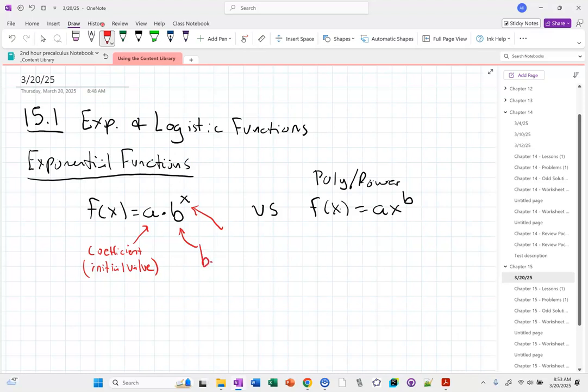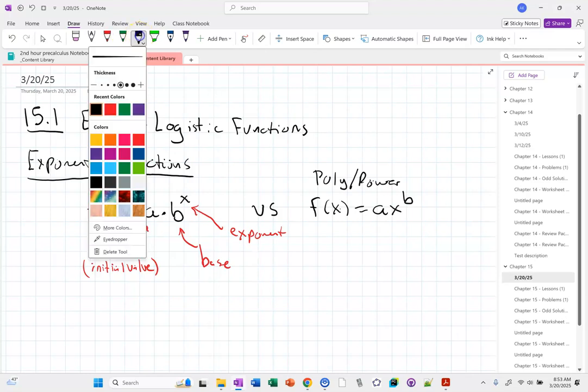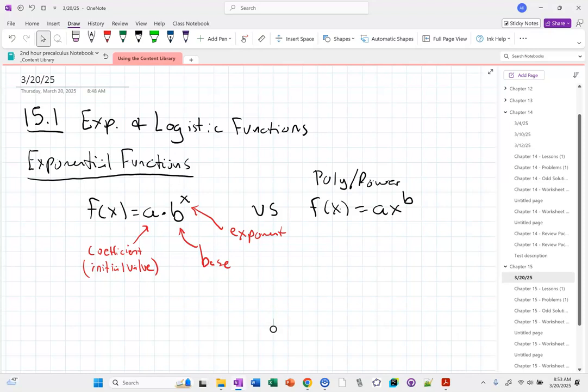The b is the base. We call that the base of the exponential. And then the variable there is the exponent. Now, a couple of assumptions we're going to make when we talk about exponential functions.